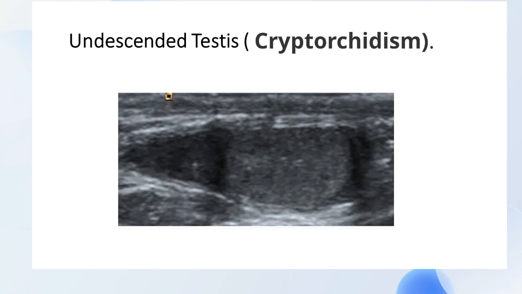The other thing that I didn't mention when I was talking about ductal ectasia is that you can also find obstruction of the pampiniform plexus, or the veins that drain the testicles. When that happens, they become engorged, or dilated. The caliber of the veins increases, and that is called varicoceles.